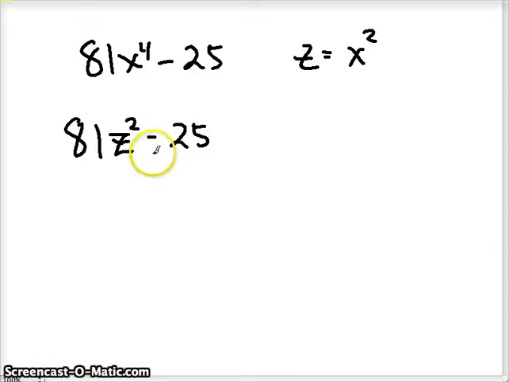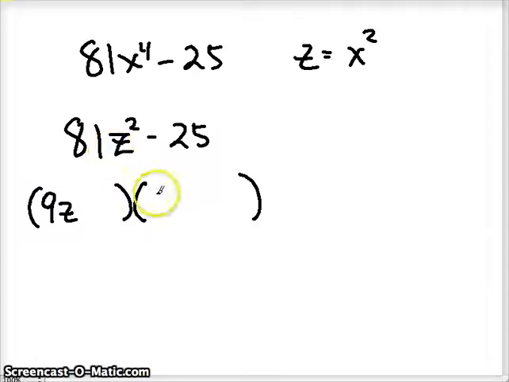So now we're looking at a quadratic instead of this higher power. And we can use our factoring forms for quadratics. We're only allowed to use our quadratic factoring forms if it's a quadratic. So I'm going to make sure it's a quadratic first. So 9z is the square root of 81z squared, so that goes first. And the square root of 25 is 5. One gets a minus, one gets a plus.